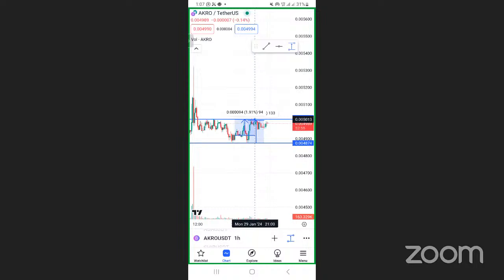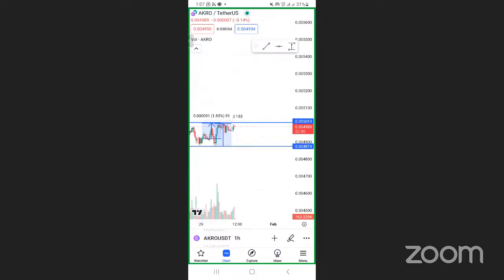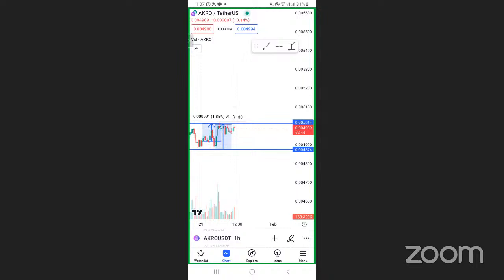So if you really want to make money from Acro, now that it's approaching the upper range, you just have to make a trade and then exit at the upper range. You can keep earning your 2%, 2%, 2%, 2%, like that. The trend, it is very easy for you.